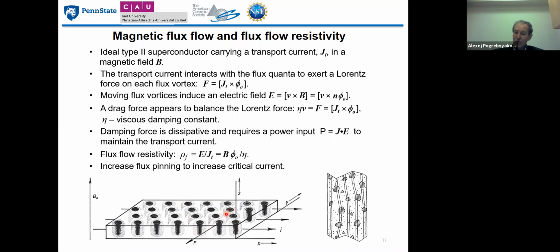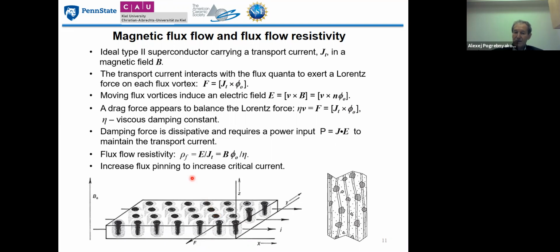This movement will bring about dissipation. So, although the sample will be in the superconducting state, the current will dissipate, and there won't be a persistent current in the superconducting samples, although it is in the superconducting state.